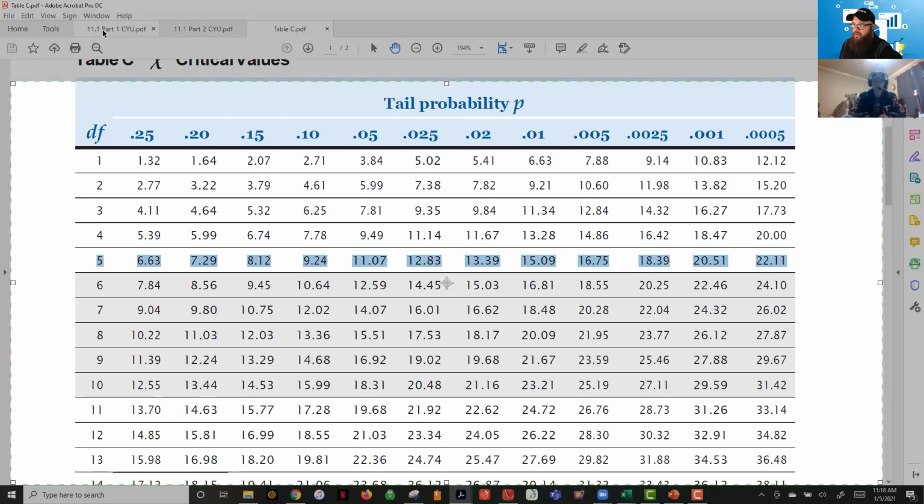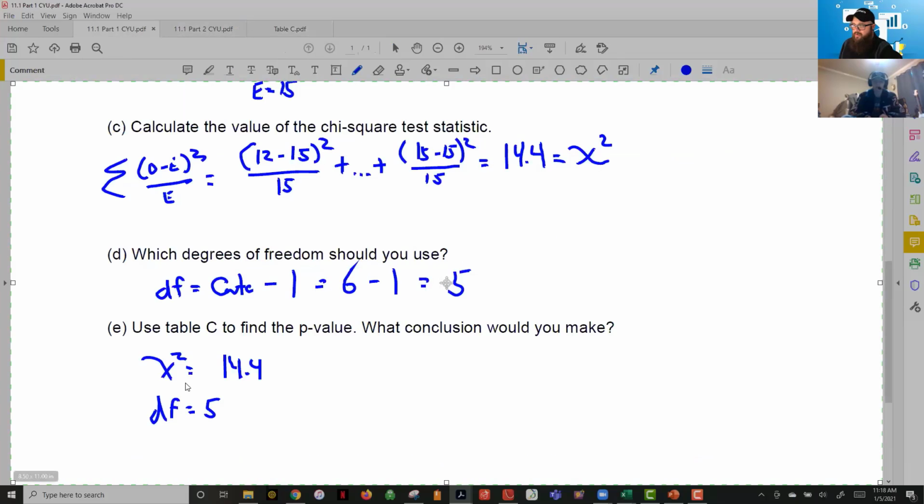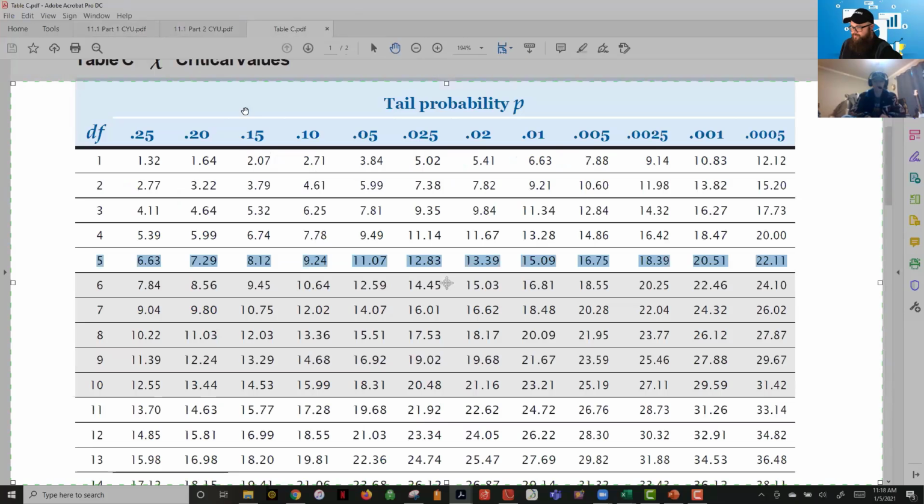Our chi-square value is 14.4, so we're going to see where that value falls in the degrees of freedom 5 row. It starts out low, and then it looks like we'd fall in between 13.39 and 15.09, right? So that's where 14.4 would fall.